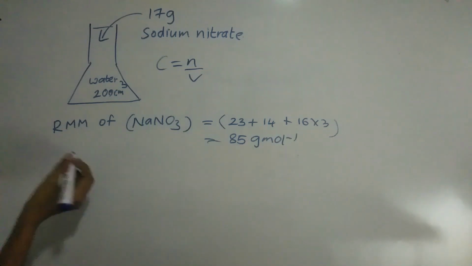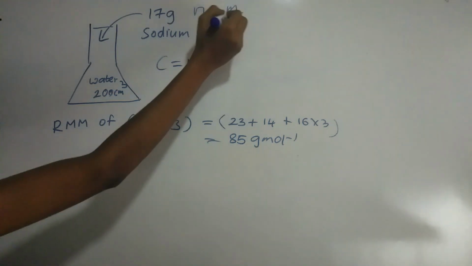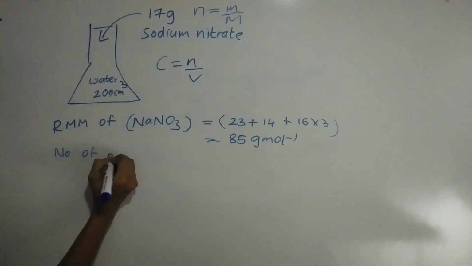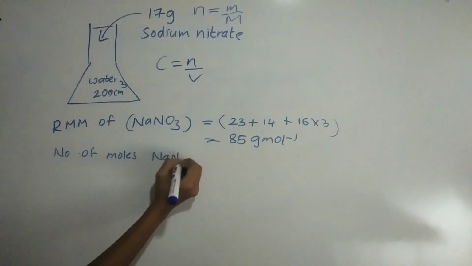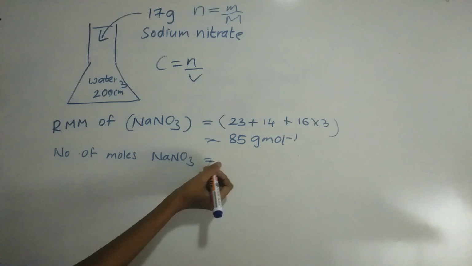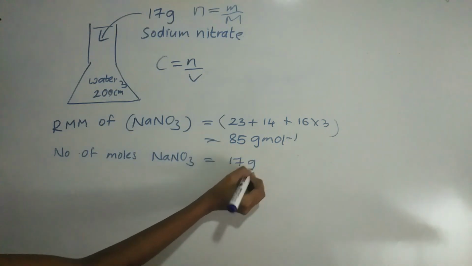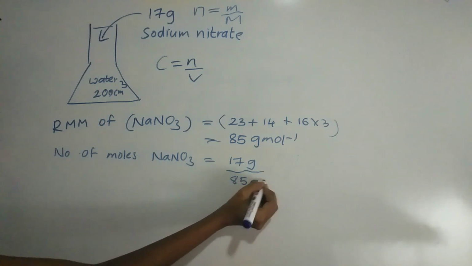Now to find the number of moles, we need to divide the mass by the molar mass. So I am going to find the number of moles of sodium nitrate. I have to take the mass as 17 grams and molar mass 85 grams per mole.